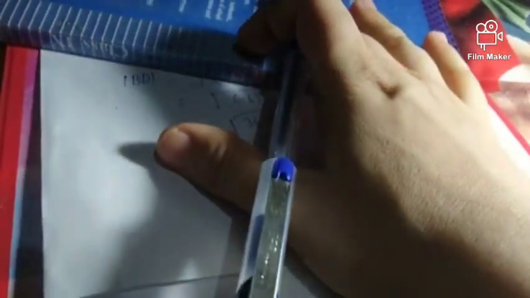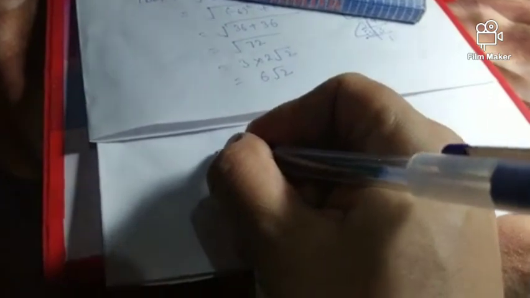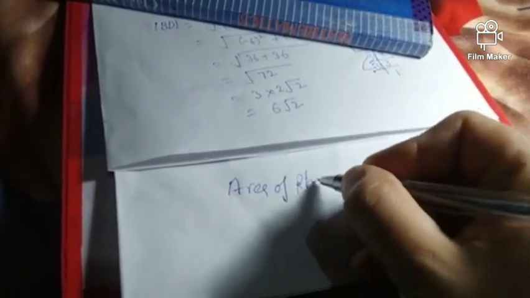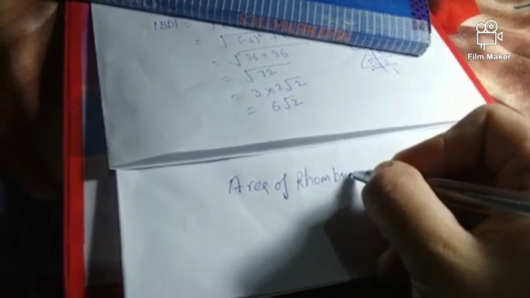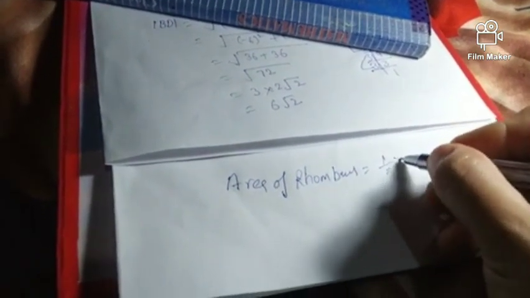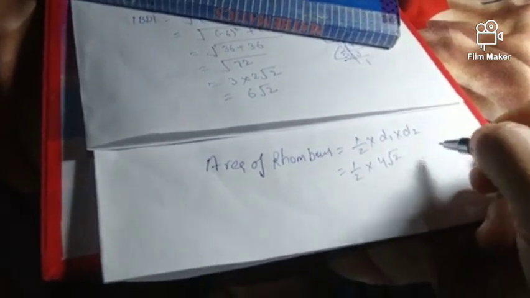Now area of rhombus. Area of rhombus will become half multiply product of diagonals. First diagonal was 4 root 2 and second diagonal was 6 root 2.